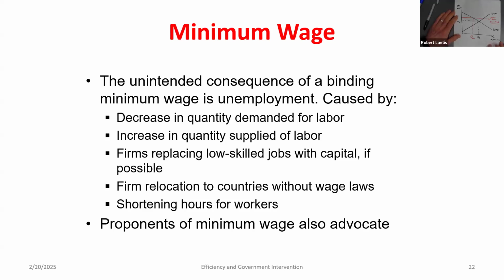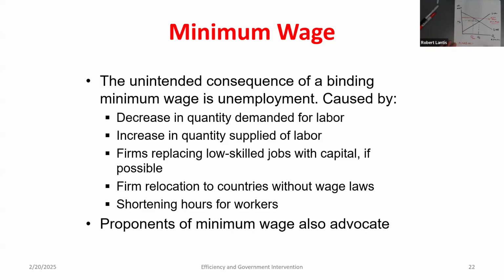So what happened to producer and consumer surplus? Producer surplus is the difference between the marginal benefits and marginal cost to producers, and consumer surplus, I should color code these, is the difference between the marginal benefits and marginal cost to consumers. So for the consumers, what's the marginal benefit? That's just the demand curve. What's the marginal cost of labor?